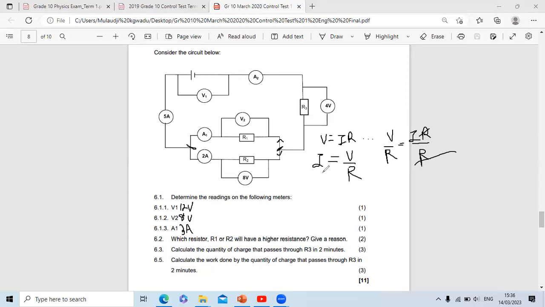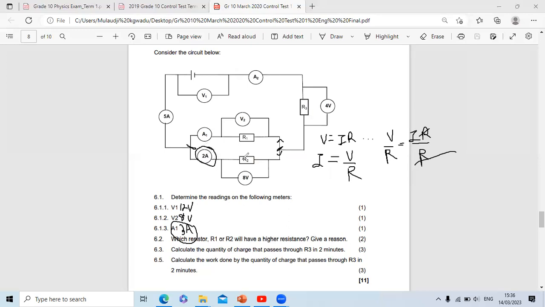Now we know that the current flowing through R2 is 2 amperes, and from our previous question, we found out that the current going through R1 is 3 amperes. So the one with the lowest current has the highest resistance.